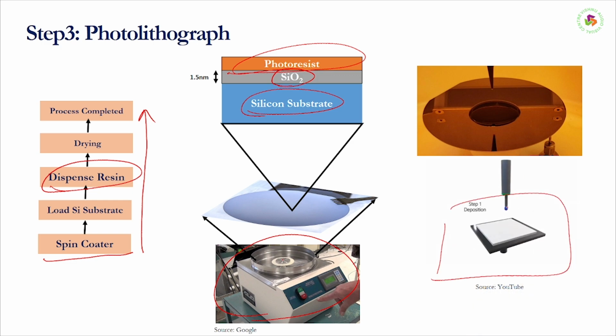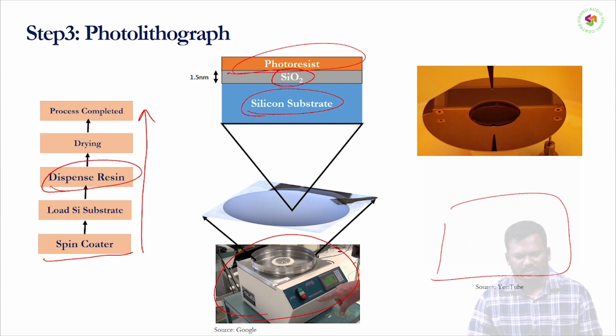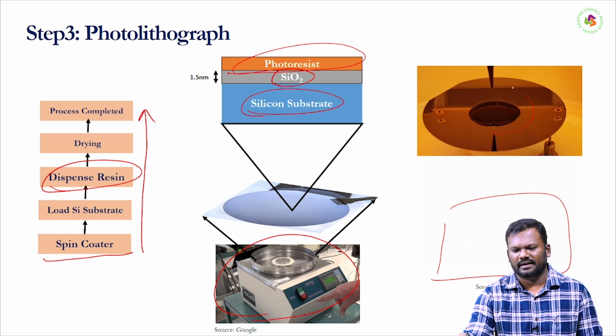You are depositing the photoresist on the silicon substrate, then rotating it at a speed of 3000 to 5000 rpm. It is uniformly distributed. Then it is dried at 60 to 100 degrees. Then it attaches to the silicon substrate. The photoresist is a liquid, so because of that, we need to dry it.